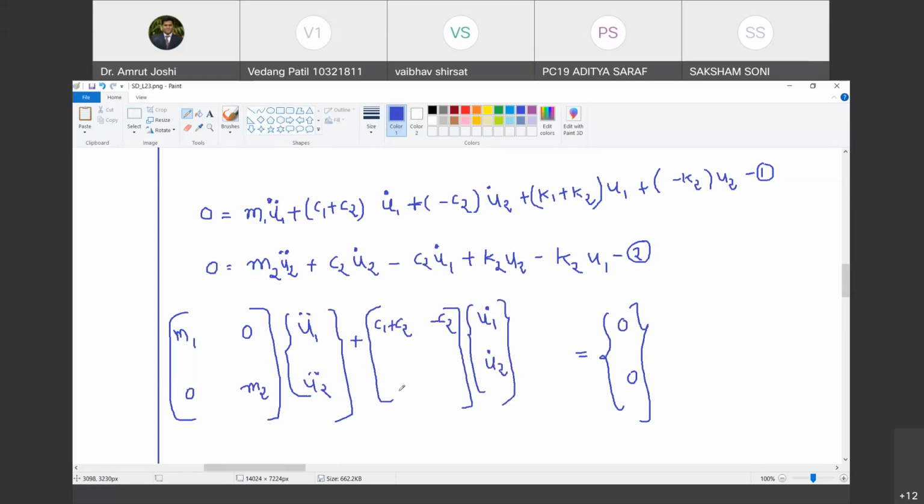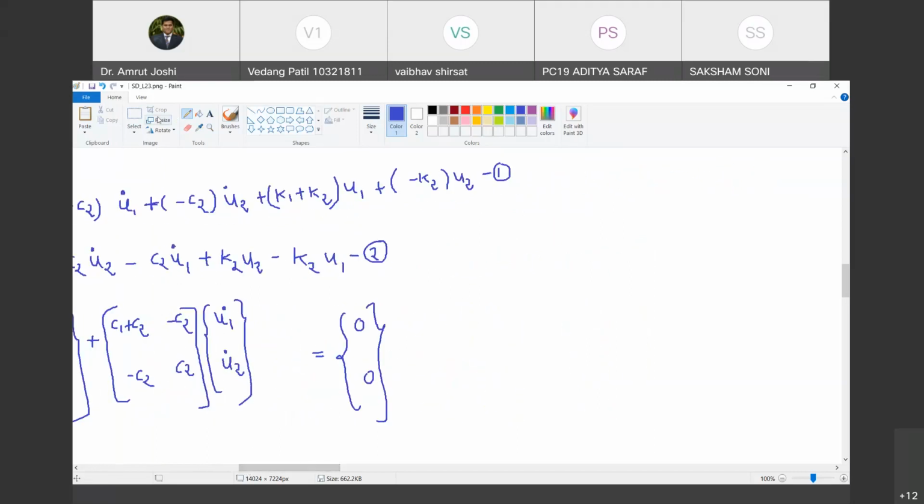What is the coefficient of u2 dot in second equation? Minus c2 for u1 dot, and u2 dot plus c2. Happy? Now let us collect the terms in u1 and u2.